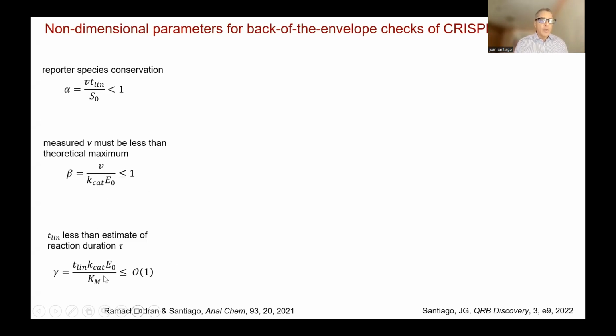That should also be less than 1. And the last non-dimensional parameter that should be less than 1 is the time spent in the linear portion divided by the characteristic time of the entire reaction. Okay, the time spent near the beginning should be less than the time spent for the whole thing.